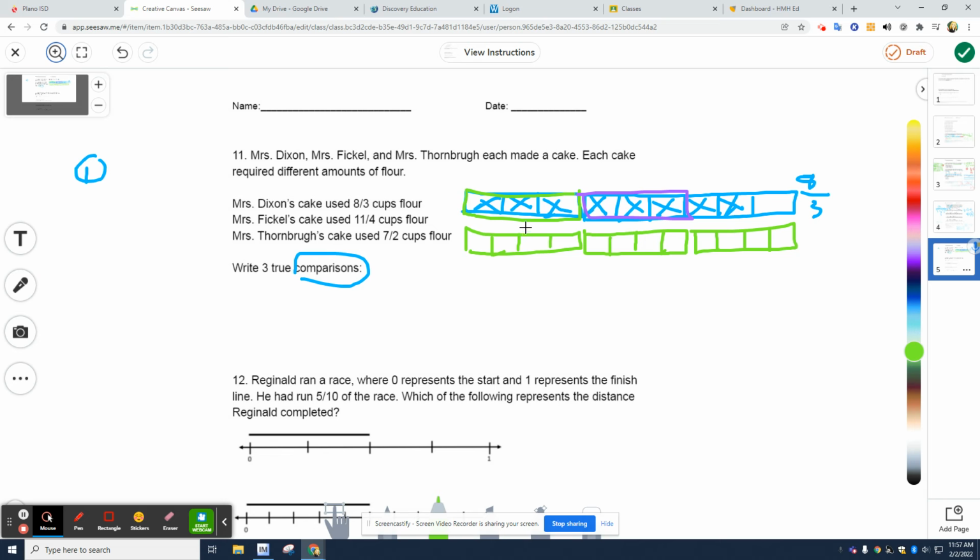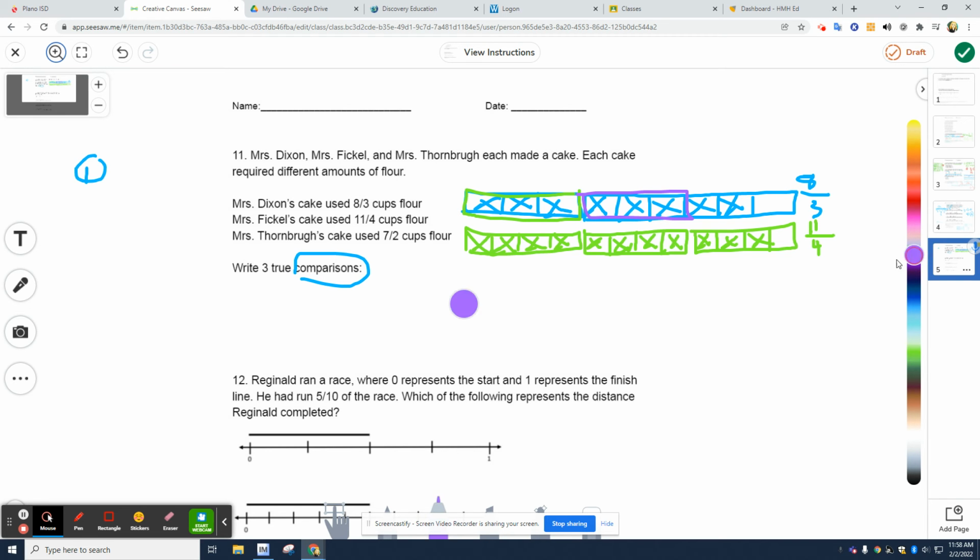And I'm going to X out 11. 1, 2, 3, 4, 5, 6, 7, 8, 9, 10, 11. And label it 11/4. I can already tell that 11/4 is bigger than 8/3.